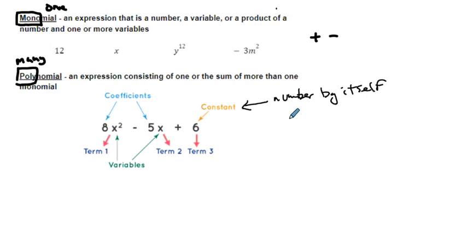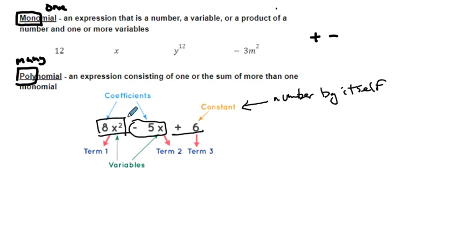And then this is a monomial right here: negative 5x, if you think of the negative as belonging to this. Remember, we always attach the signs to the left of the term. So this is a monomial, this is a monomial, and this is a monomial, and you put them together and you get a polynomial.